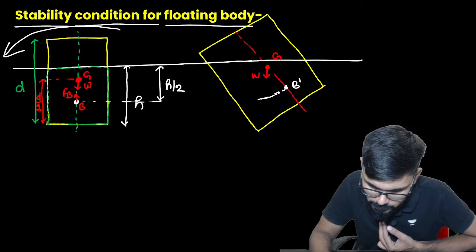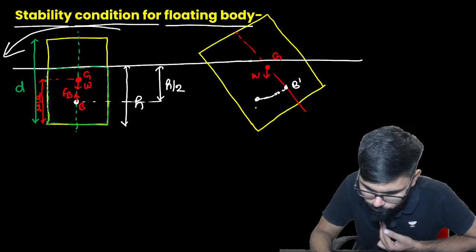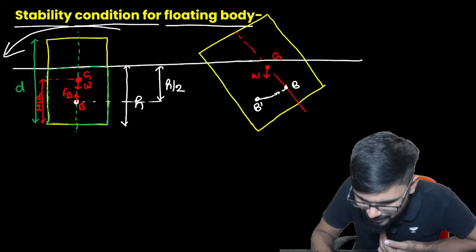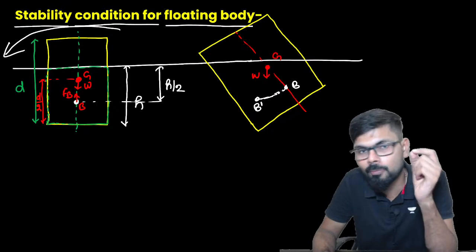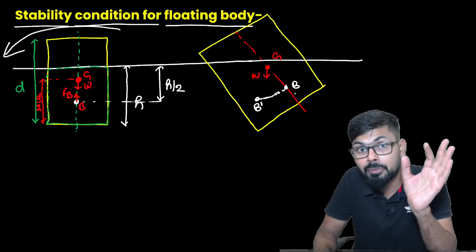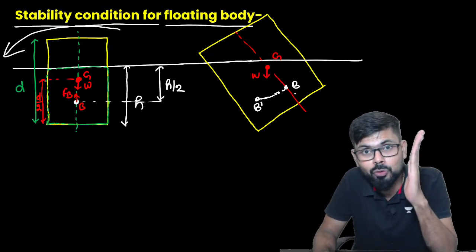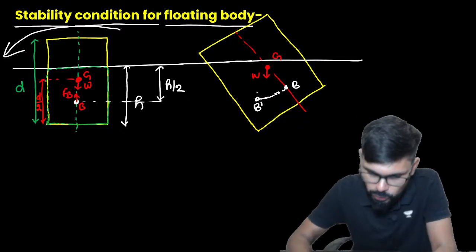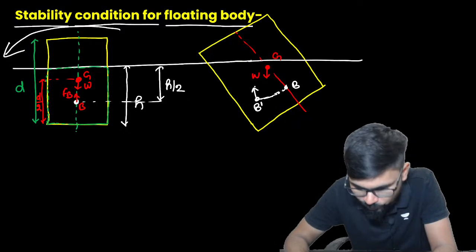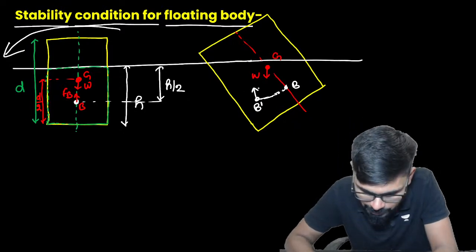This is B, and this is B dash. B is the initial position of the center of buoyancy, and B dash is the new position. So now FB will act like this.